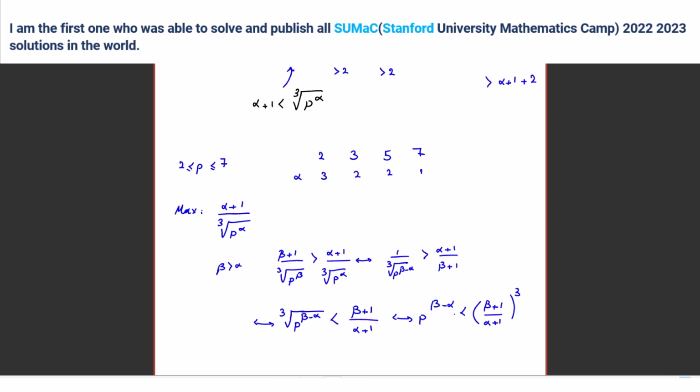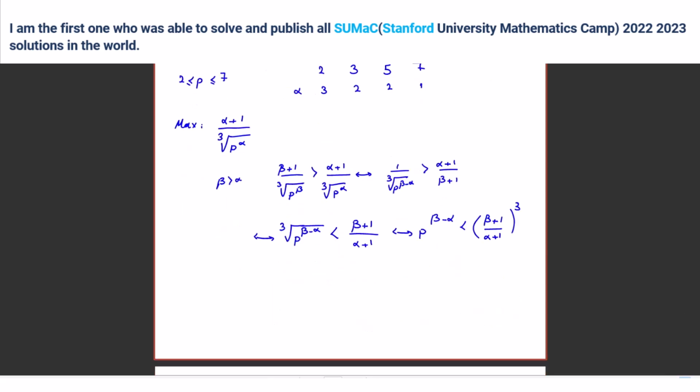From here, p is a constant, alpha is a constant, and beta is the only one that will change. As beta grows more and more, the left side looks like p to the x, and the right side just looks like x cubed. So the left side should be greater, but in this case it's not. So it's a contradiction.